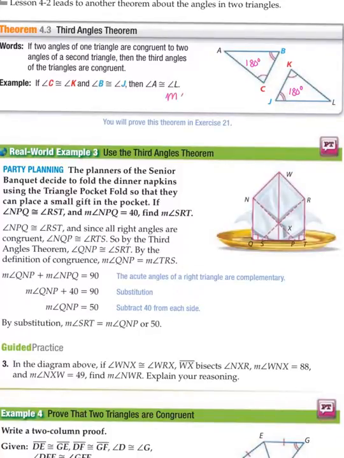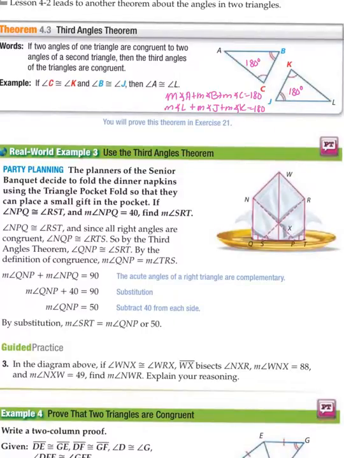So I've got the measure of angle A plus the measure of angle B plus the measure of angle C has to equal 180 because there's 180 degrees in a triangle. Then I've got the measure of angle L plus the measure of angle J plus the measure of angle K equals 180.